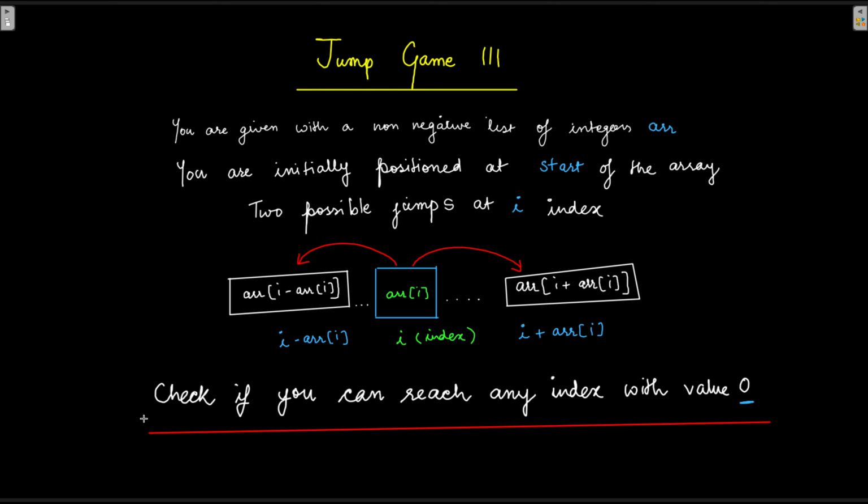We have to check if we can reach any index with value 0. So let us say that while we are checking and going to the next box, we reach a box which contains a value that is 0. That's when we have to stop, and that's when we have to return true. So this is the question, and let us see how we can go about it.